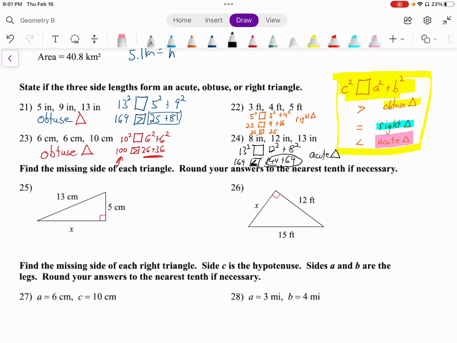25 through 28 are just straight up using the Pythagorean Theorem. The Pythagorean Theorem tells us that a leg squared plus a leg squared equals the hypotenuse squared. A lot of times we write a squared plus b squared equals c squared, with a and b representing legs. So in number 25, we have x squared plus 5 squared, because those are the two legs, equal to 13 squared.